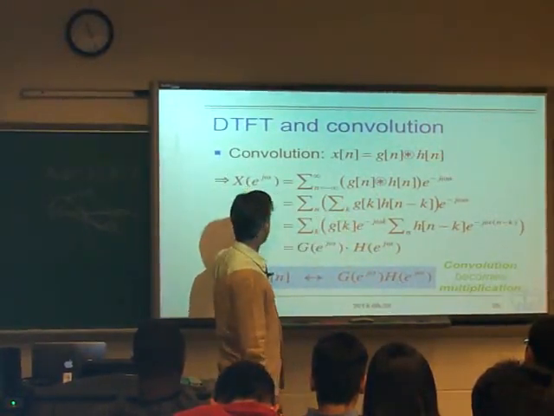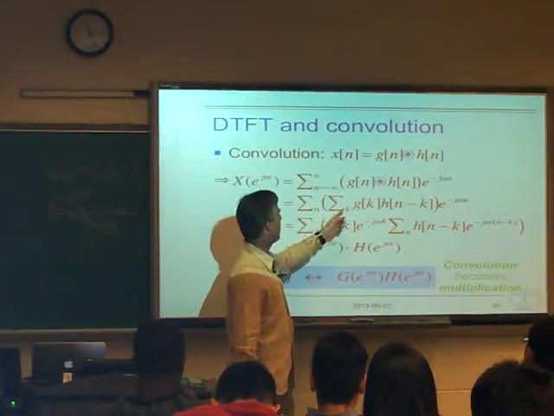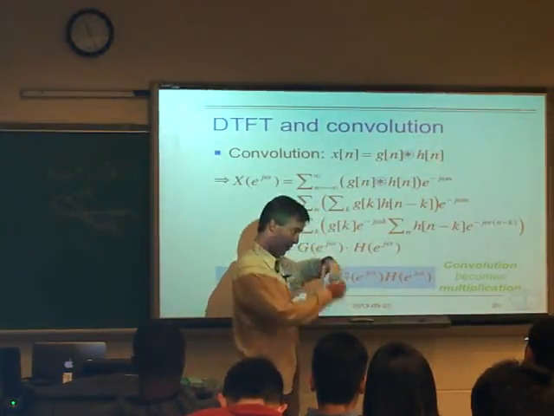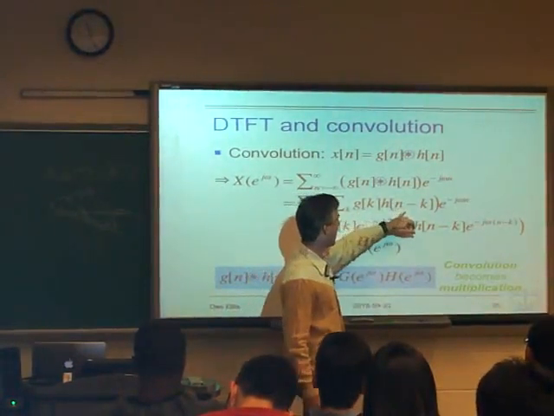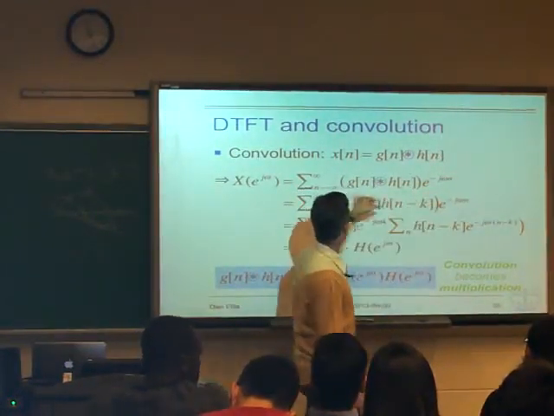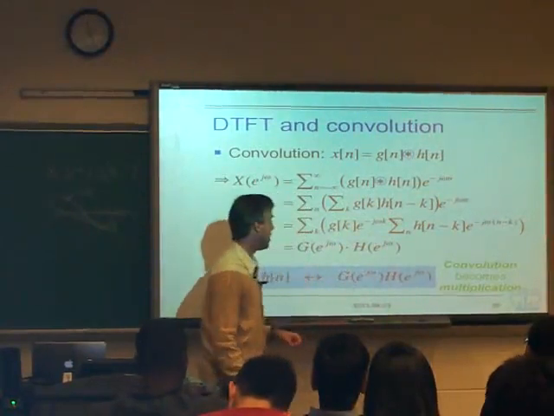So the DTFT of the convolution is the sum over all n of the sum over the convolution dummy variable k of g of k, h of n minus k, times e to the minus j omega n, which is our DTFT thing we're taking an inner product against.